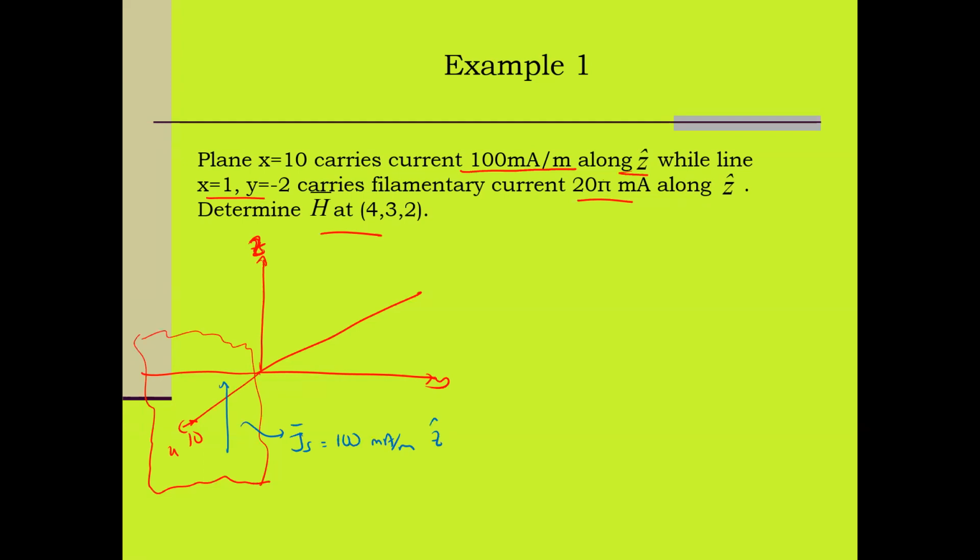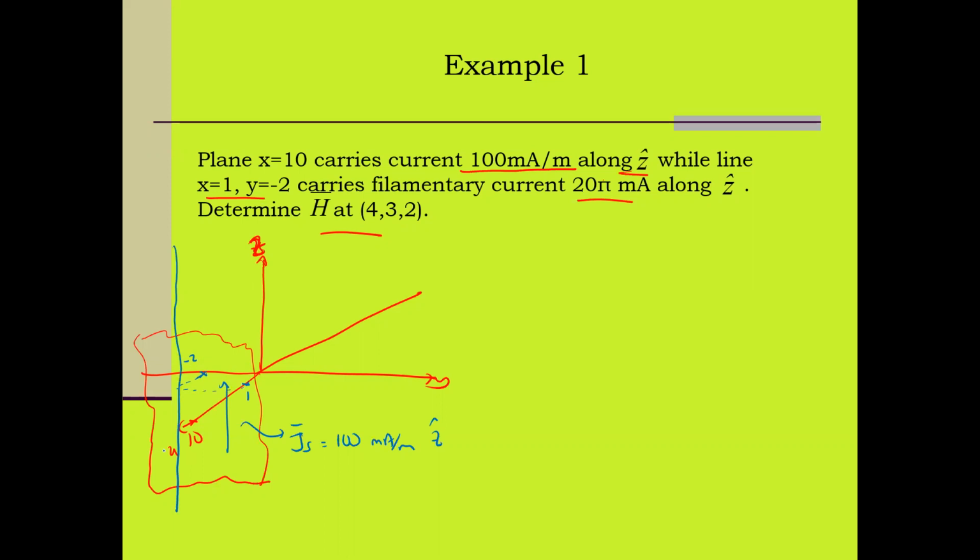Yes, that should be the Js, because we are dealing with the surface current density. And then we are given a line at x equals 1, y equals -2. So x equals 1 should be located here, and y equals -2 located here. For this we can draw the line to look like this.